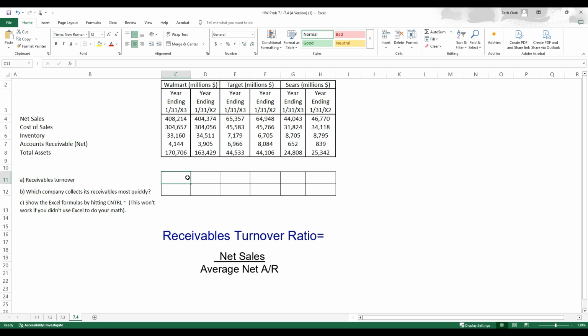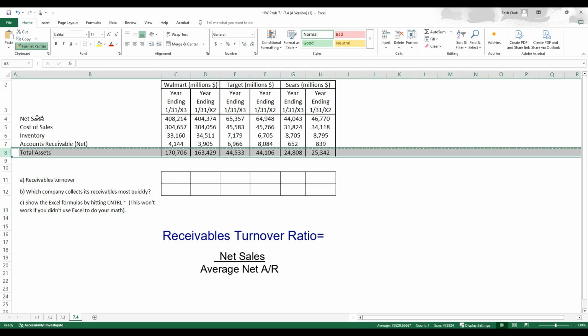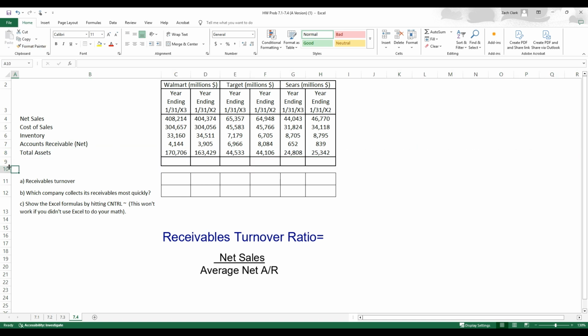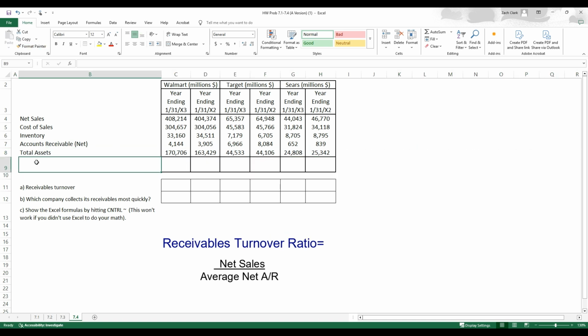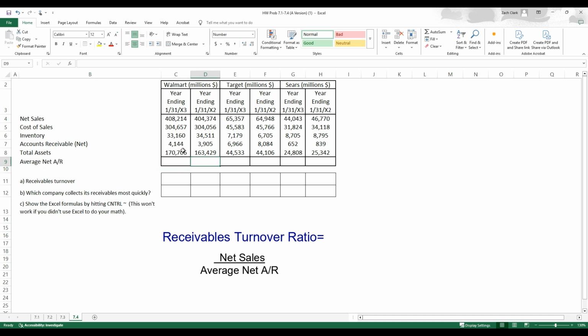So let's do one thing here. I'm going to do Format Painter down here and do average net AR. Excuse me. Oh, we're missing the A there. Okay.